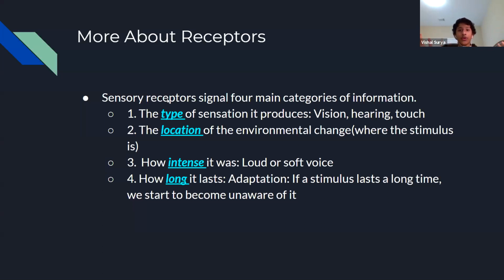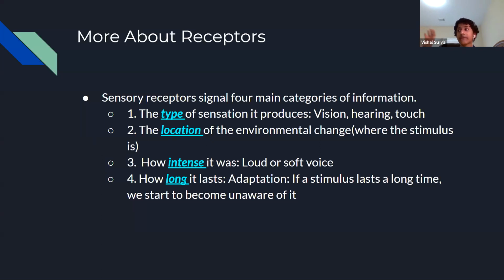But if it's there for a really long time, you start to become unaware of it. After some time, you obviously know your shirt is on you, but it doesn't get to the point where you're actively sensing it. You just know it's there, but you don't really feel anything from it. That's because if it lasts for a really long time, you just don't become aware of it anymore for a lot of receptors.